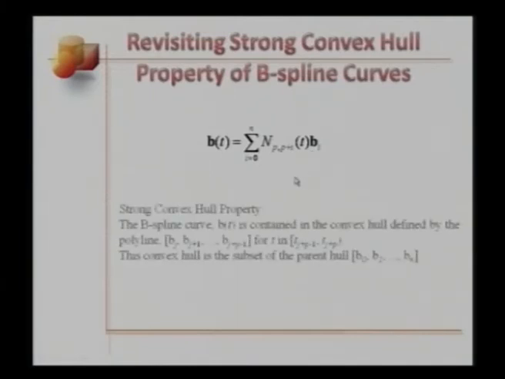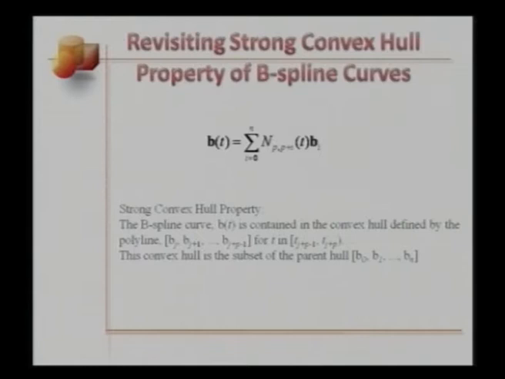The strong convex hull property would state that the B-spline curve P of t is contained in the convex hull defined by the polyline b_{j+1} up till b_{j+p-1} for values of t in the interval [t_{j+p-1}, t_{j+p}). And this convex hull is actually a subset of the parent hull defined by all the design points that you specify, from b0 to bn.